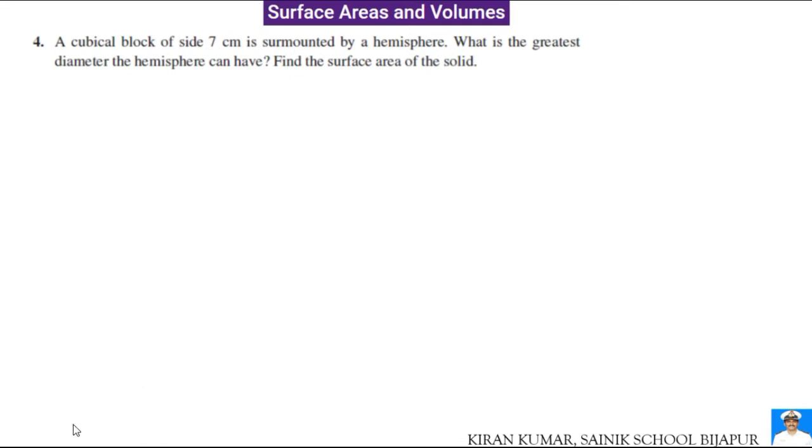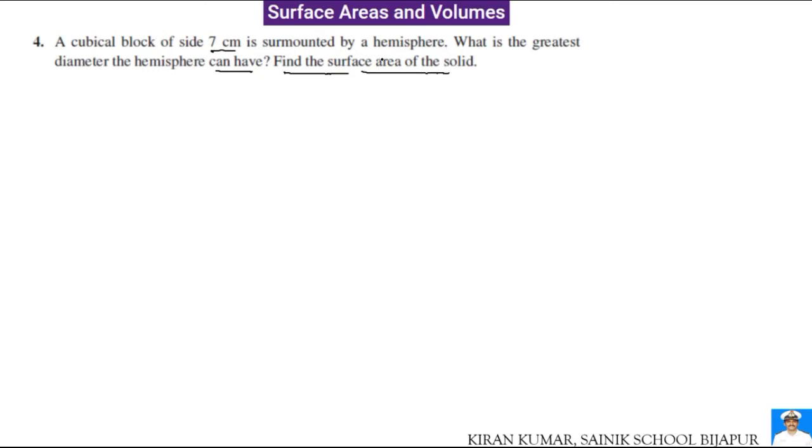Question number 4. This is one of the very important questions. It is asked in examination. A cubical block of side 7 centimeter is surmounted by a hemisphere. What is the greatest diameter the hemisphere can have? Find the surface area of the solid.